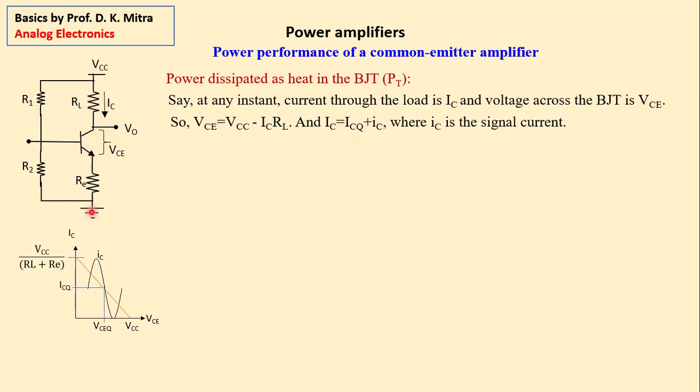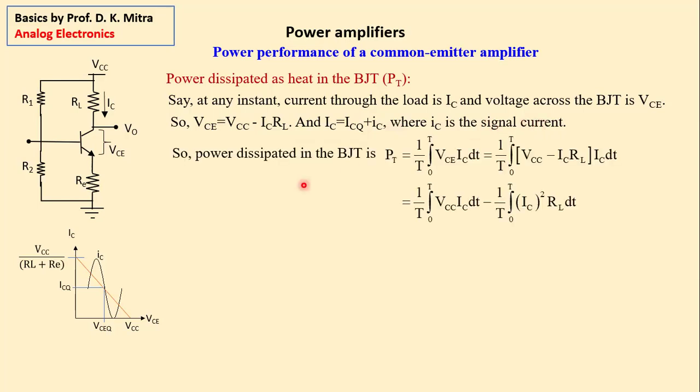Then a Kirchhoff's voltage loop equation here gives VCE equal to VCC minus ICRL. I have ignored ICRE, ICRE is very, very small. Also, we have seen earlier, the total current through the load is the quiescent current plus the signal current, where small ic is the signal current, right? Then, what is the power dissipated in the BJT?